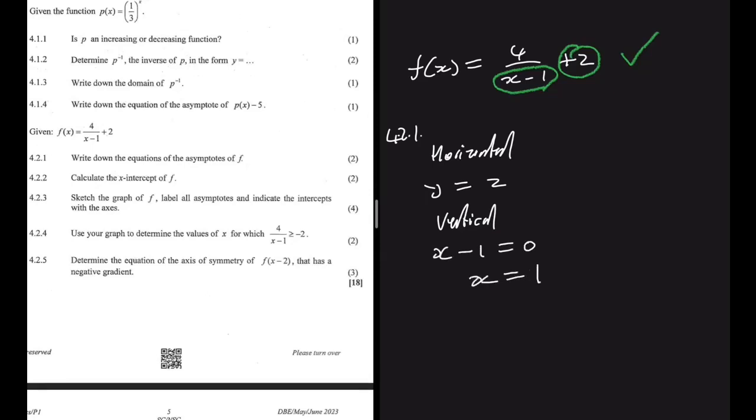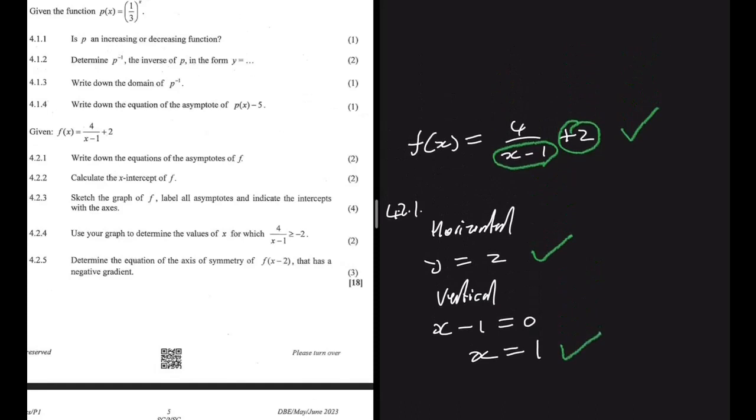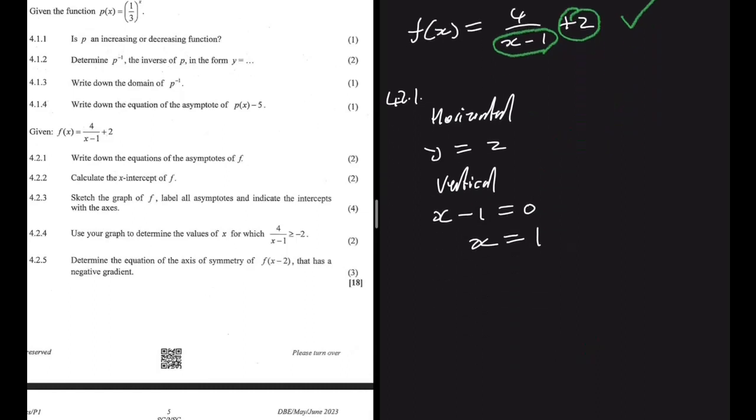That is easy to see. So we have our horizontal asymptote and our vertical asymptote. That is 4.2.1, right? The value that is in here will always be your horizontal asymptote. If it was minus 3, then our horizontal asymptote would be minus 3, right? That's how it works.